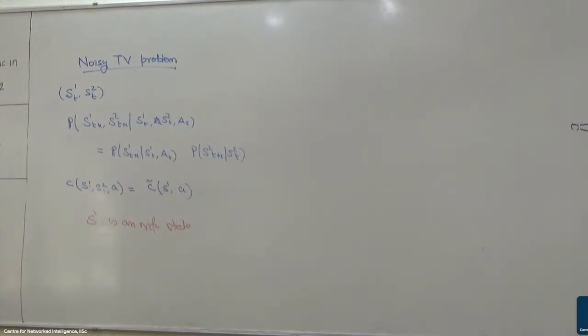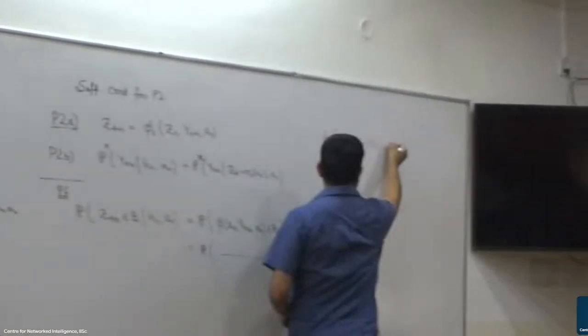No, because you see my dynamic program, I am interested in looking at the expectation of V t plus 1 of H t plus 1 given H t and A t.